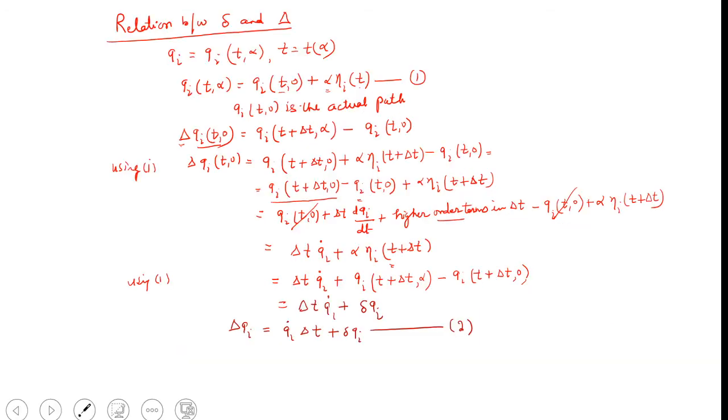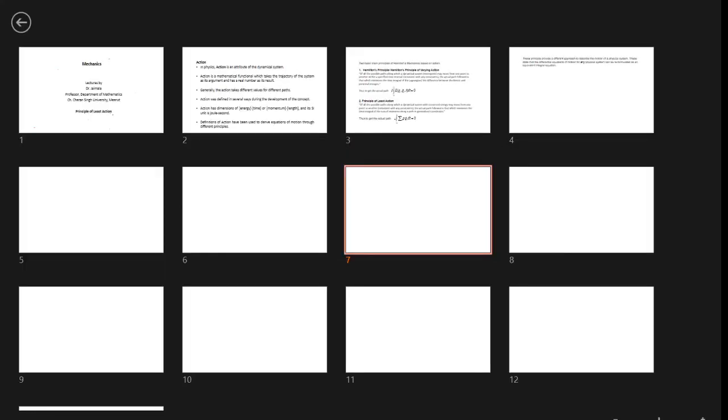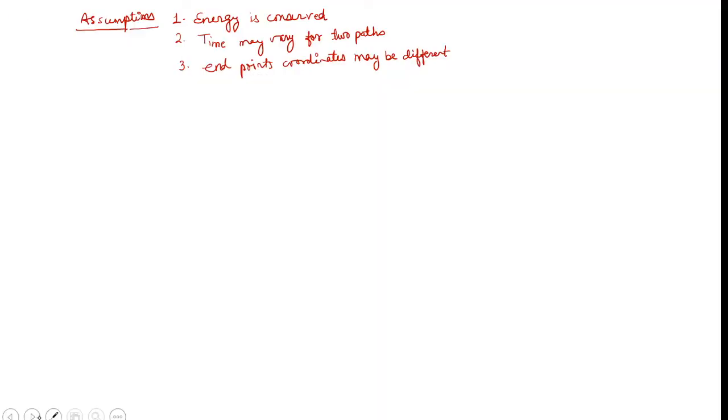That's why we can say that endpoints coordinate may be different. But the position coordinates are the same for different paths. So these are the assumptions.